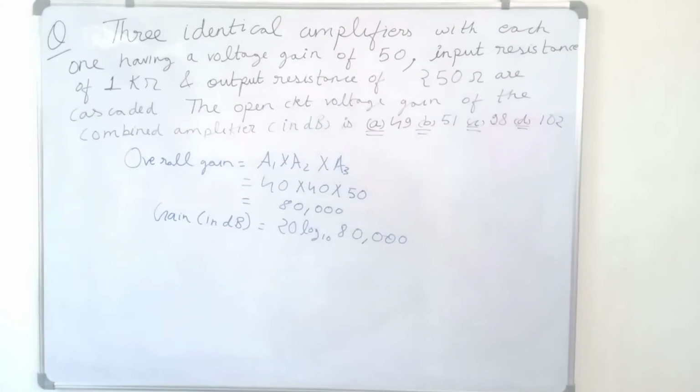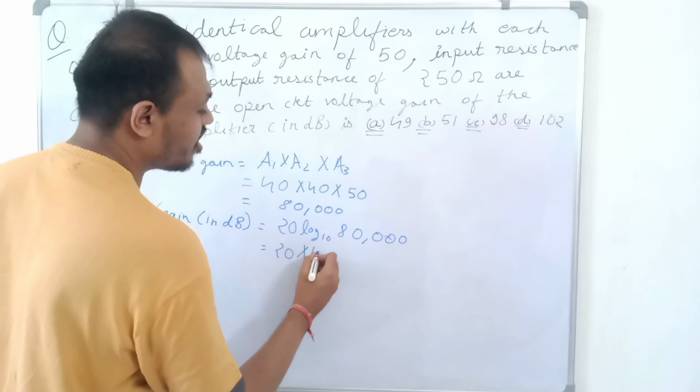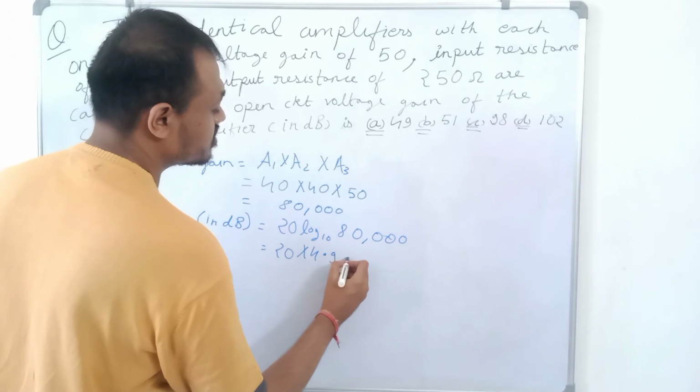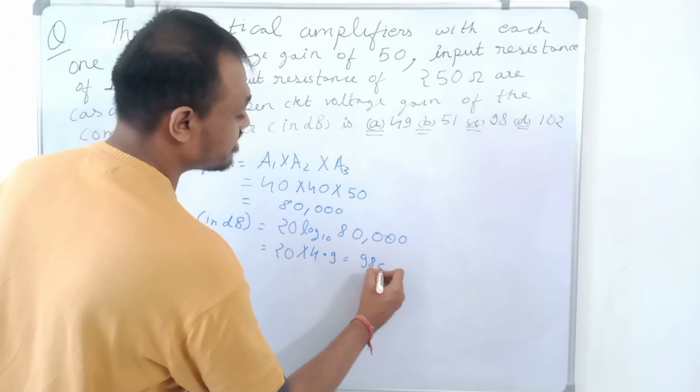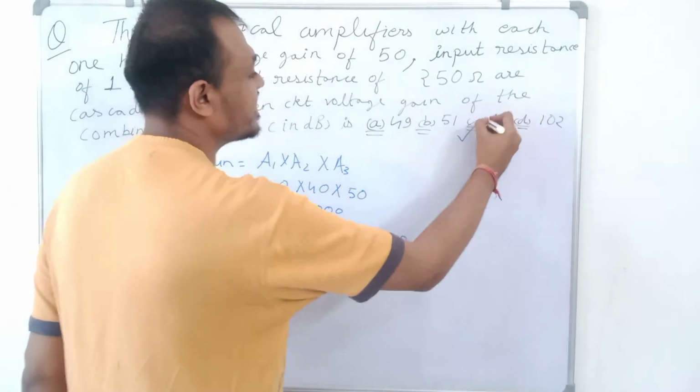You can solve it. Log of 80,000 is 4.9, so this is equal to 20 into 4.9, which is 98 dB. So the correct option is option C, 98 dB.